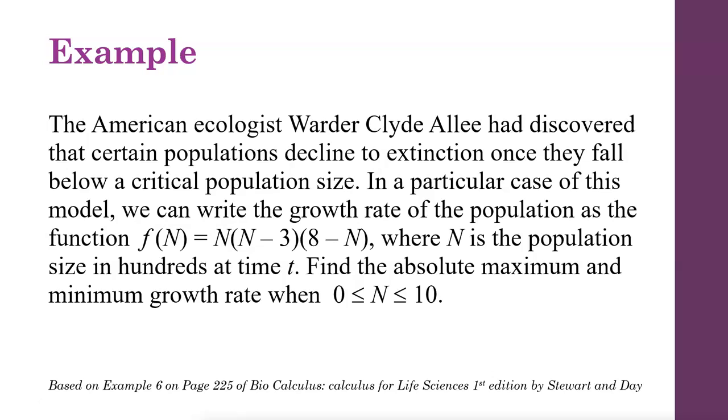And here is a simple model that follows that. f of n is equal to n times (n minus 3) times (8 minus n), where n is the population size in hundreds at time t. And we want to know what's the absolute maximum and minimum growth rate when n is between 0 and 10.